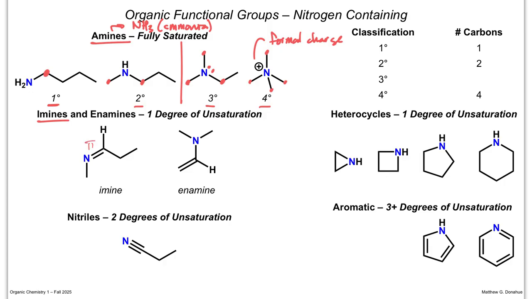Notice the nitrogen is still in the neutral pattern. We see 3 bonds. It has a lone pair, which I'm drawing in now, but we need to assume that it's there. So three bonds and a lone pair.